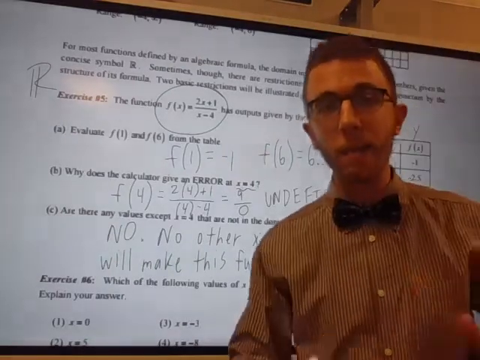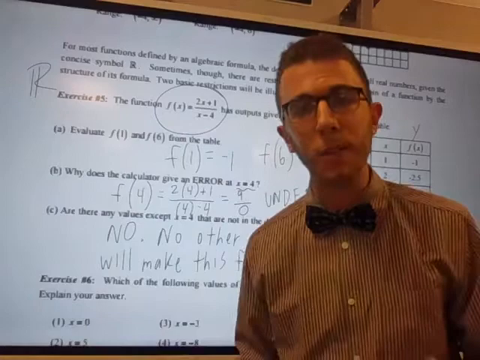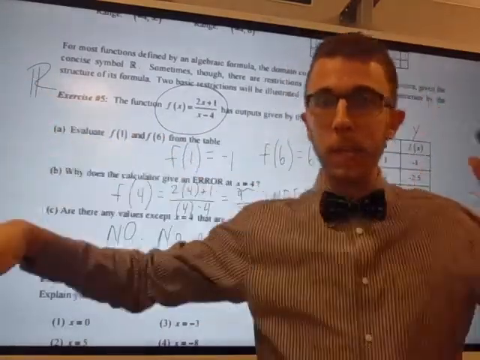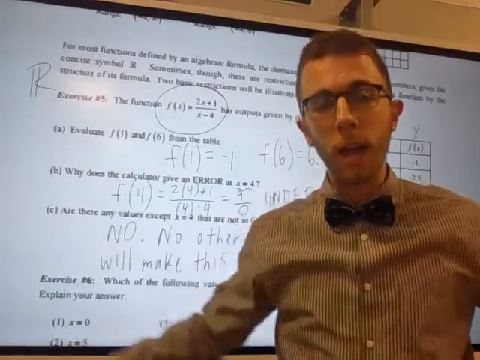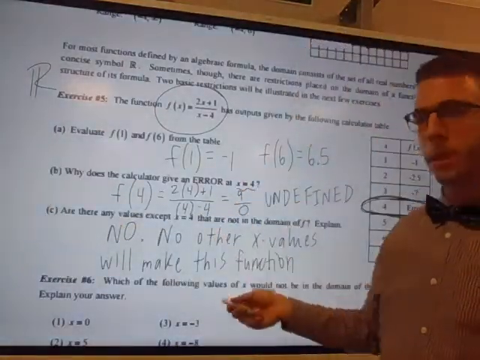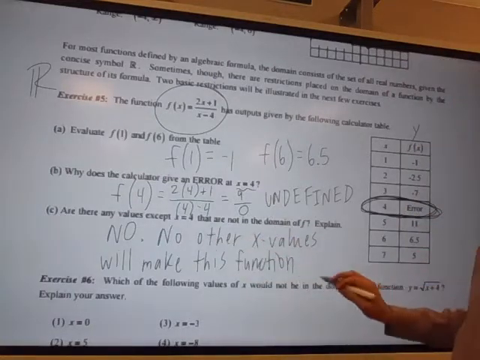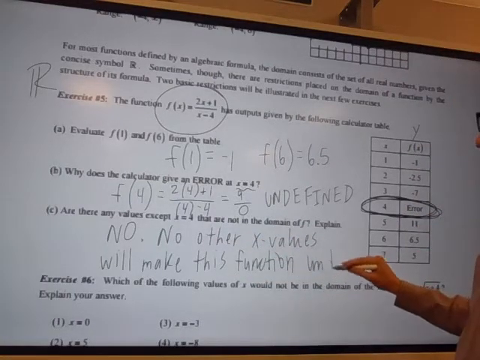And that means for every other x value that you could possibly imagine, as far out to negative infinity or positive infinity as you want to go, any x value other than x equals 4 will work for this function.